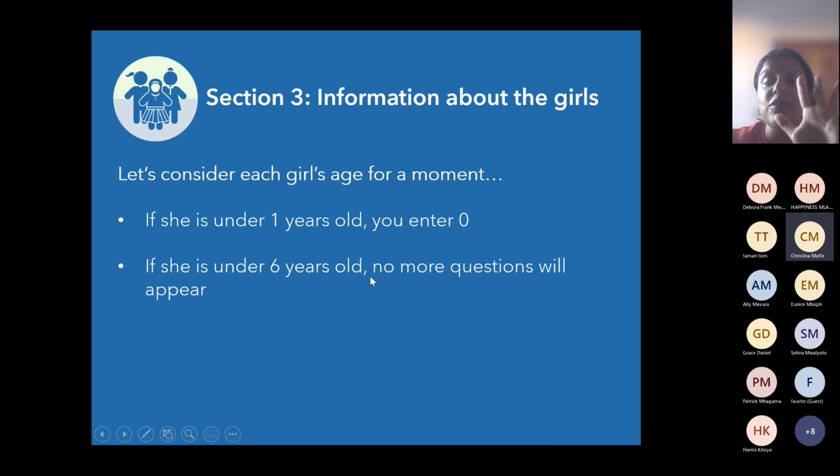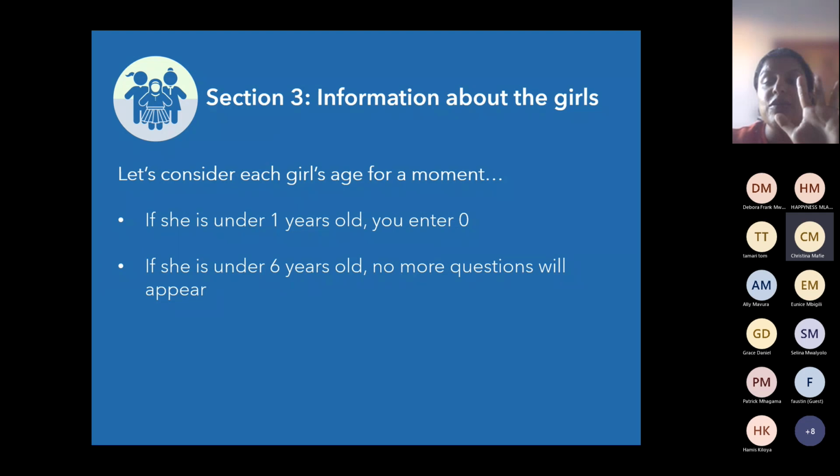If she is under 6 years old, you will get no more questions. We are only concerned in the girl roster questionnaire about girls 6 to 24. So if she's under 6, it will skip ahead. It will not ask you to do any more questions about the girls or about this girl. Okay, is that clear?